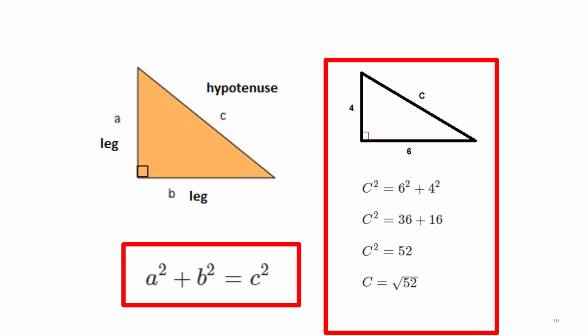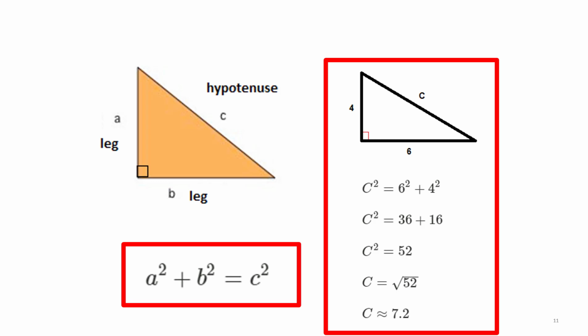And taking the square root of both sides of the equation, we get the hypotenuse, c, equal to the square root of 52, which is about 7.2. So to code the solution, we're going to have to square two numbers, then sum them, then take the square root of that sum.